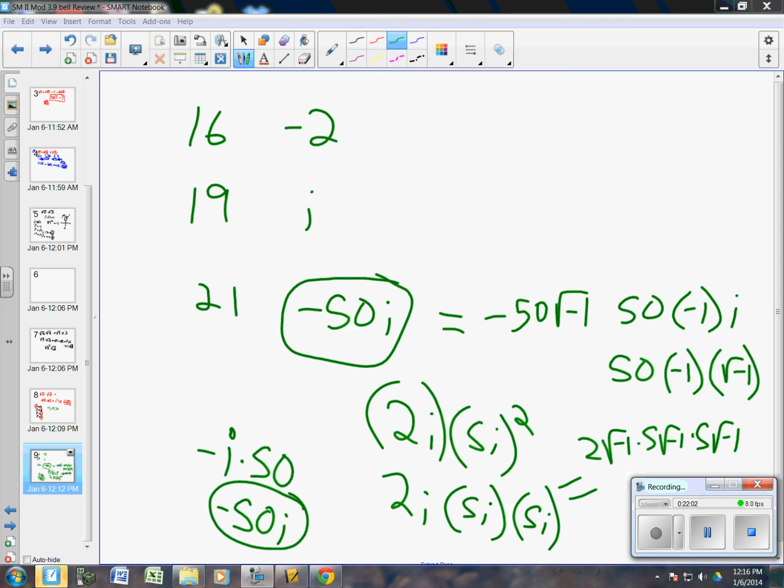And 50 times negative 1 is negative 50 times the i. No matter which way you do it, you're going to get it, but that's by far the harder way to do it. If you know that you have i times i times i, that's the same thing as i cubed, and you already know that's equal to negative i. And then 2 times 5 times 5 is 50, so you get negative 50i.